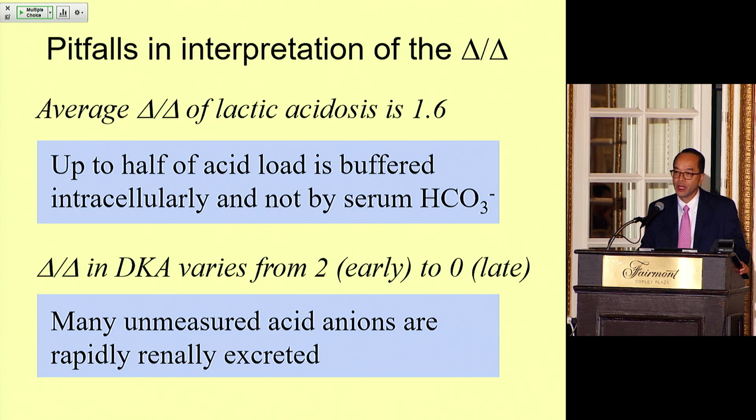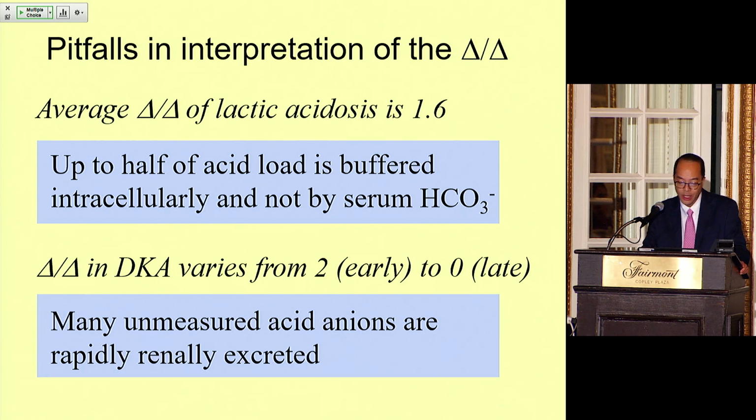The assumption of 1 is based on the assumption that all of your hydrogen ions are buffered by bicarb in the blood, but that's actually not the case. Acid can also be buffered inside cells, and the more severe your acidosis, the more intracellular buffering occurs. So on average, in a simple lactic acidosis, it's been shown that the delta-delta is closer to 1.6.